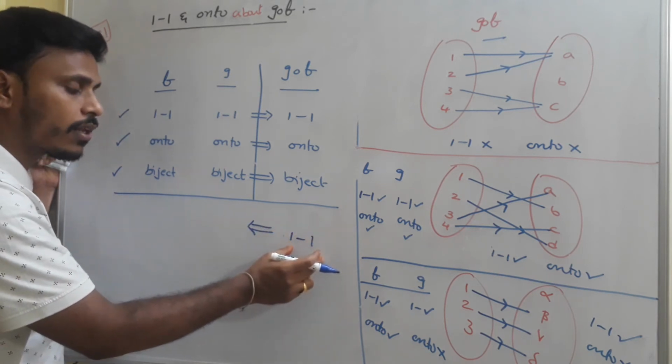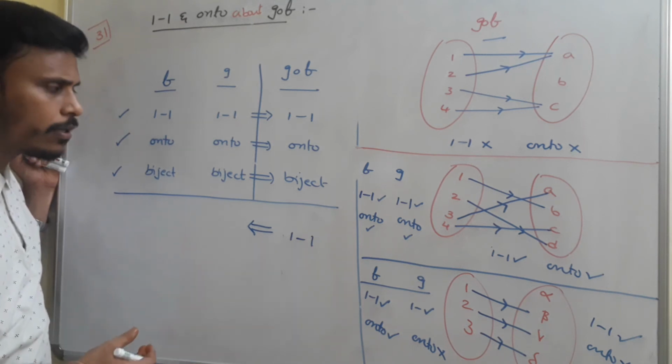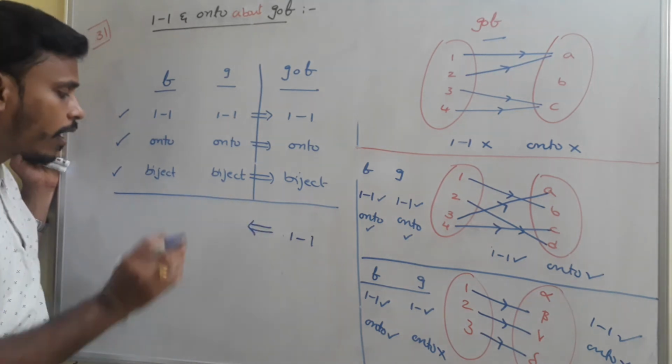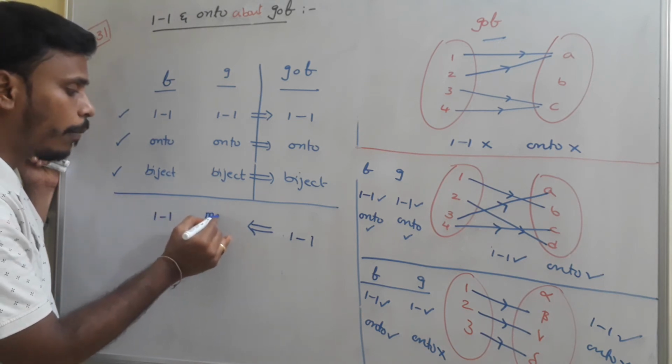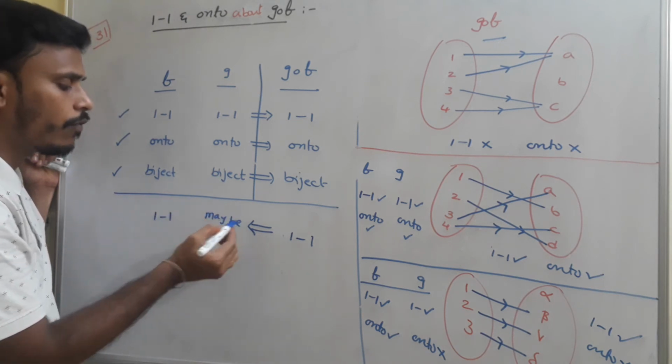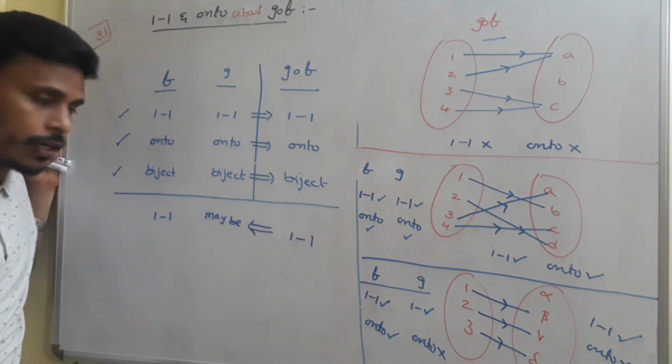If you know about G circle F, then what do you say about F and G? You just check with different examples. If G circle F is 1-1, for sure F is 1-1, but G may or may not be. We are not guaranteed about G, but F should be 1-1.